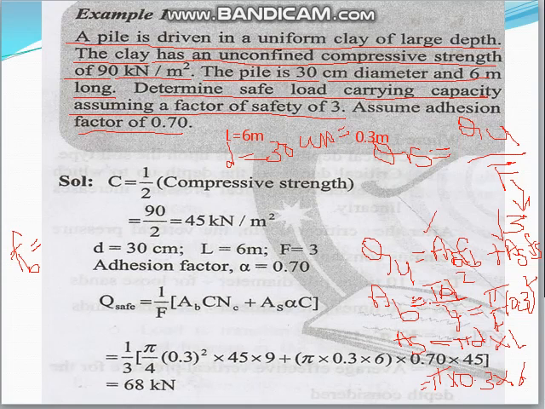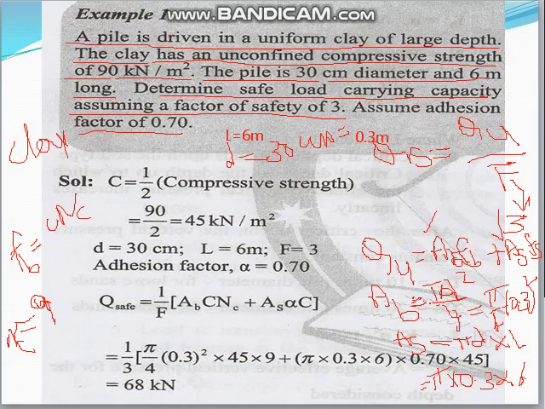First of all, in this problem you need to understand that this is the formula for clay. For clay, we know that FB is equal to C into NC. NC is the bearing capacity factor, which we generally take as 9, given by Skempton. NC is equal to 9.